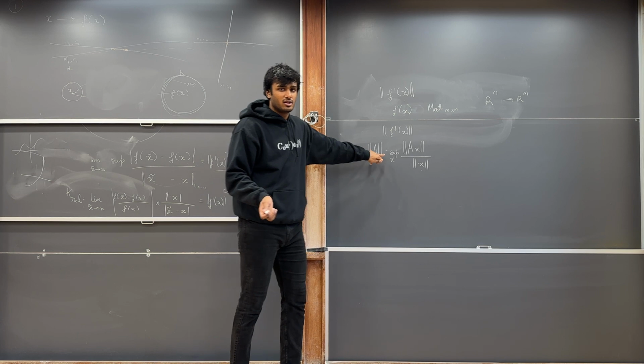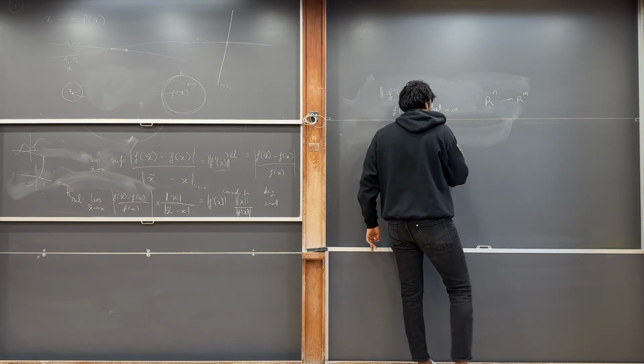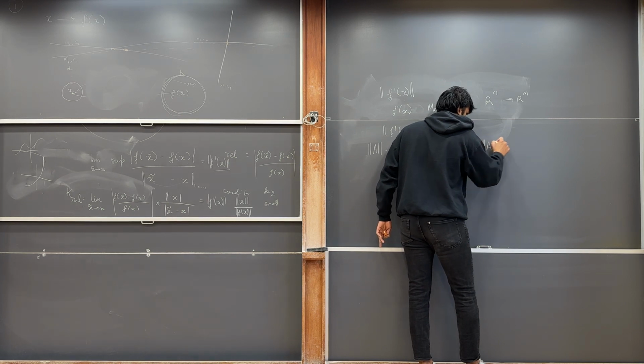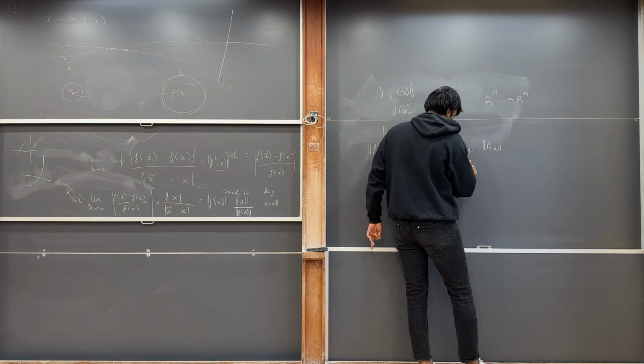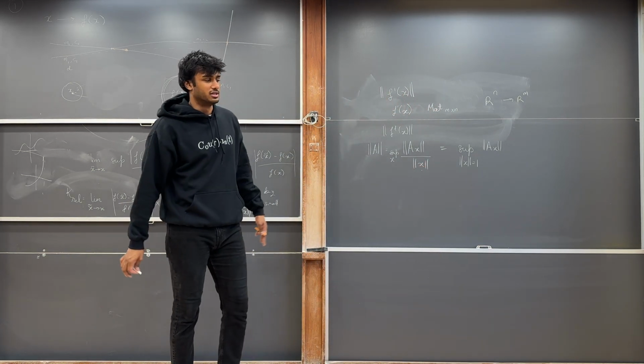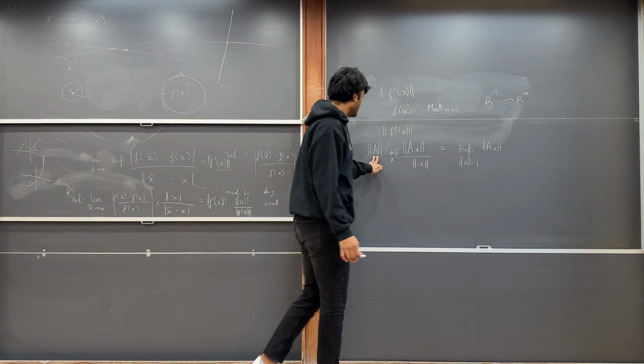This is how we define the norm of a matrix. We can also define it in such a way: the supremum of the norm of Ax given the norm of x is equal to 1. Basically just remove the denominator.